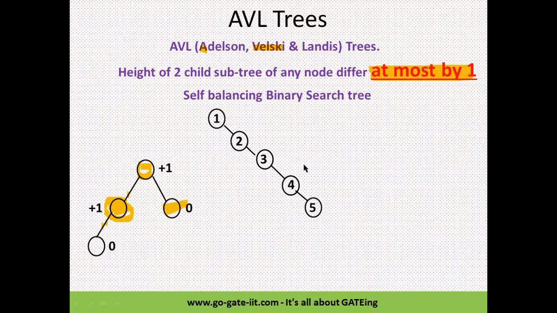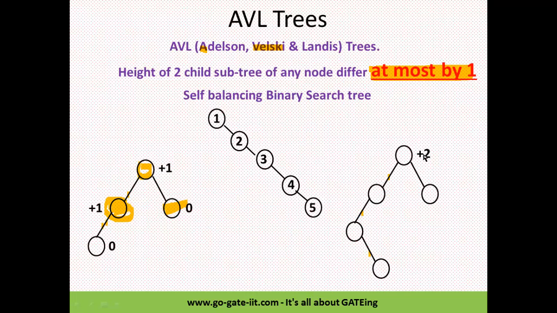Let's see one more example where you can notice that it violates the basic principle of an AVL tree. Here you can see that this particular root node has a balance of plus 2. How? 1, 2 and 3. To reach the last node from the root node, we have 3 edges. So this becomes 3 and this is 1.